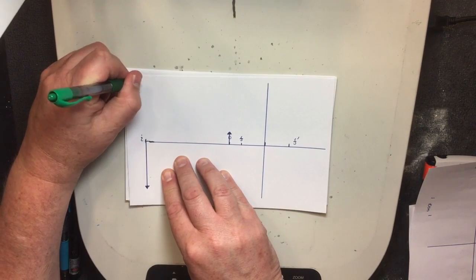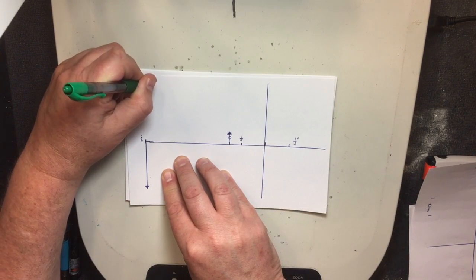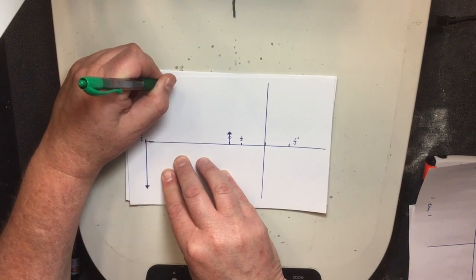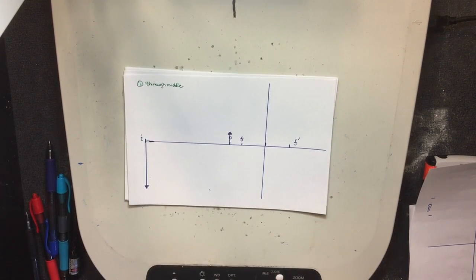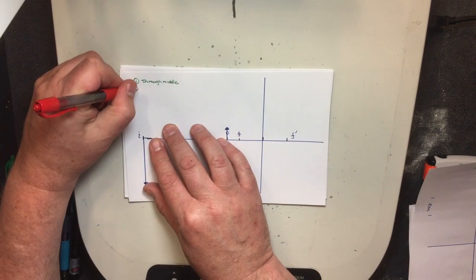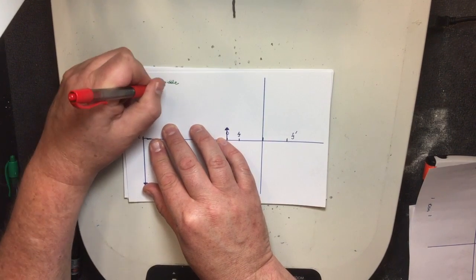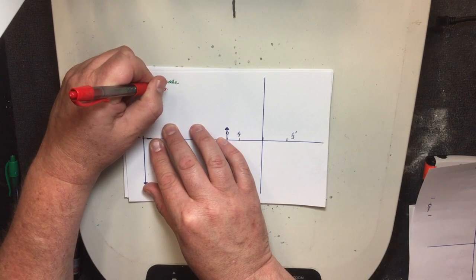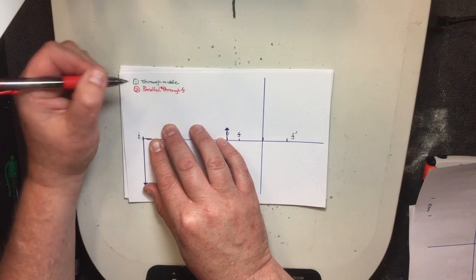The 3-ray diagram. 1 goes through the middle. 2 is parallel, which then goes through the focal point.